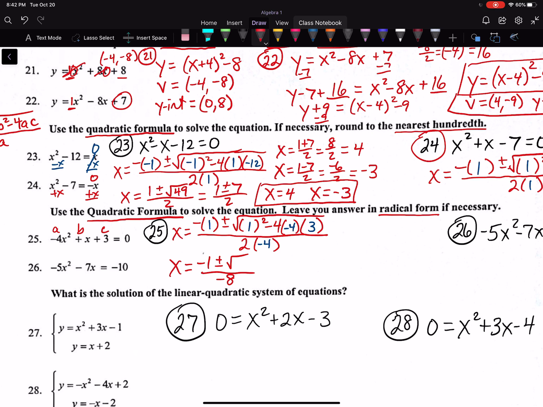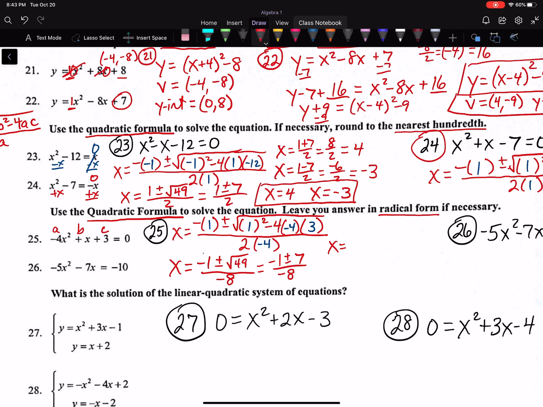So let's see what that something is. 1 squared minus 4 times negative 4 times 3. You put that in your calculator, you get 49. Hey, the square root of 49, that's a perfect square. I can take the square root of that. So negative 1 plus or minus 7 over negative 8.